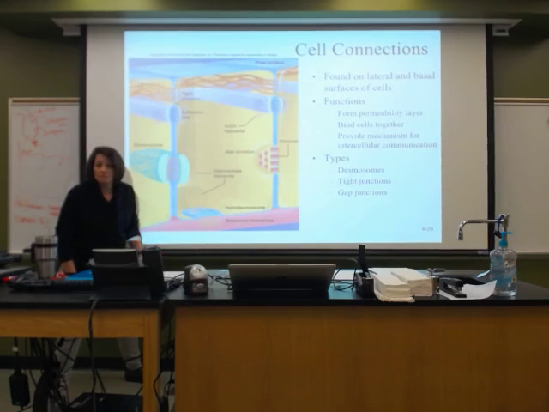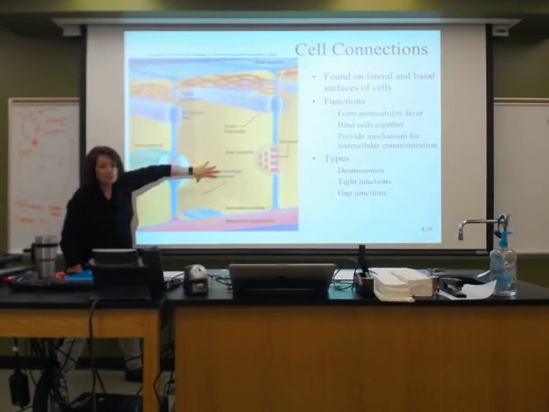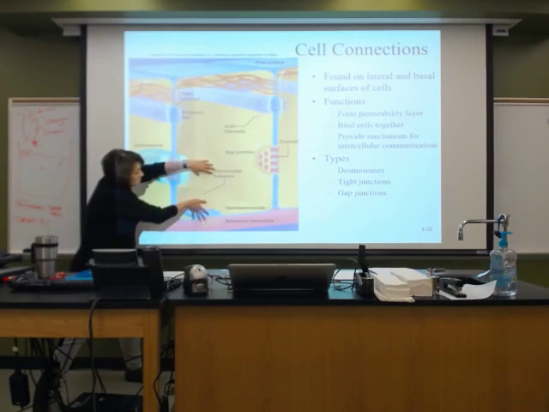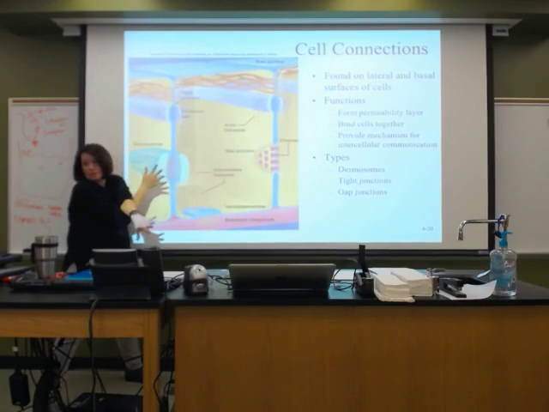The filaments, like the cytoskeleton, okay? Note we've got some that extend in this direction, some that extend in this direction. And if we had desmosome, we would have it going like that in opposite directions.